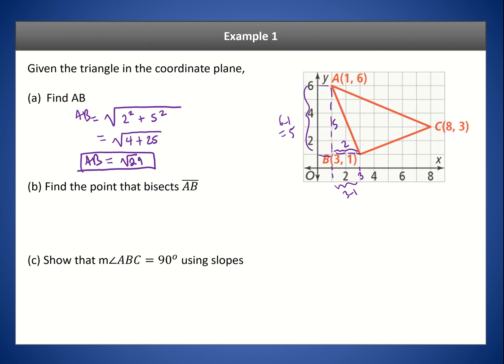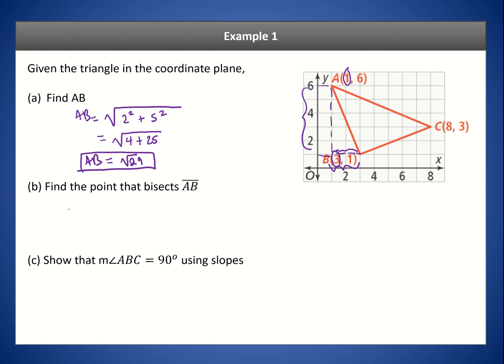All right, now let's find the point that bisects AB. The point that bisects AB, remember, is the halfway point. So we're going to find the halfway point of the x-coordinates and the halfway point of the y-coordinates. You take the average of the x-coordinates: add them together and divide by 2.